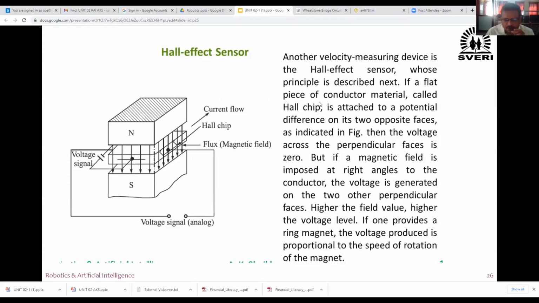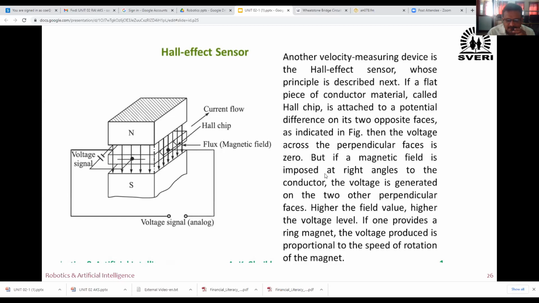If a flat piece of conductor material called a Hall chip is attached to a potential difference, see that this is the Hall chip, placed between the north and south poles of the magnet, and connected to that voltage signal, on its two opposite faces as indicated in the figure, then the voltage across the perpendicular faces is zero.